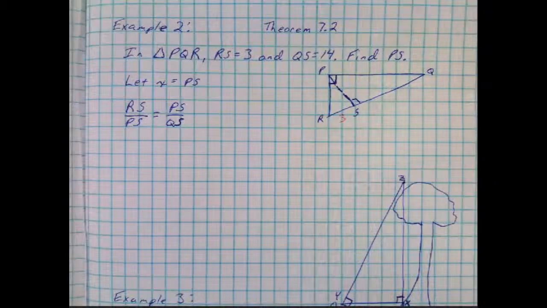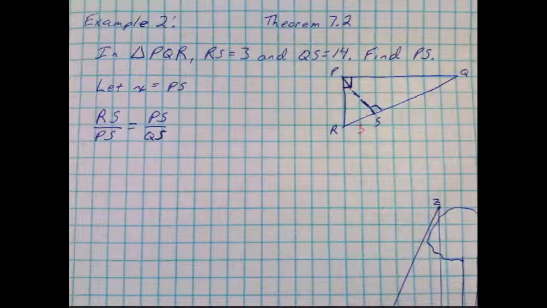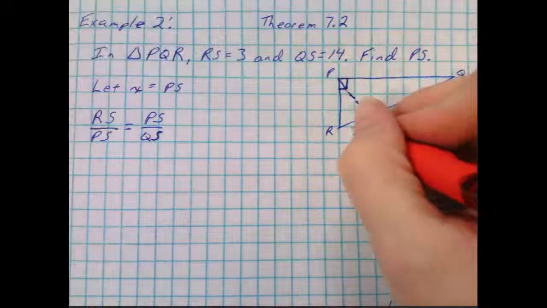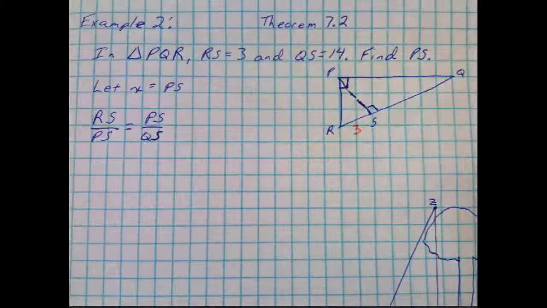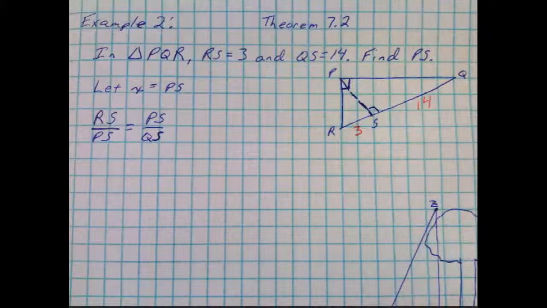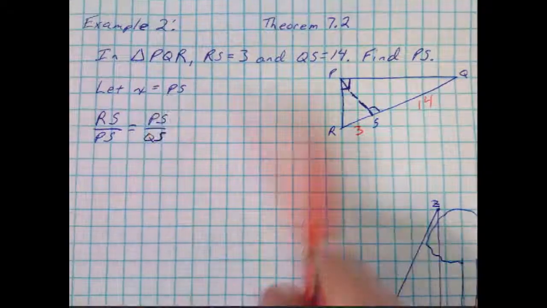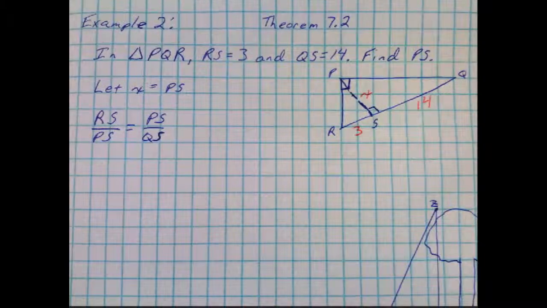So we're going to label that with 3. Let me see if I can zoom in just a little bit here for you. So RS is 3. And then it also tells us QS is 14. So this piece is 14. So then we are going to use X for PS. That's this here. And that's what we're trying to find.